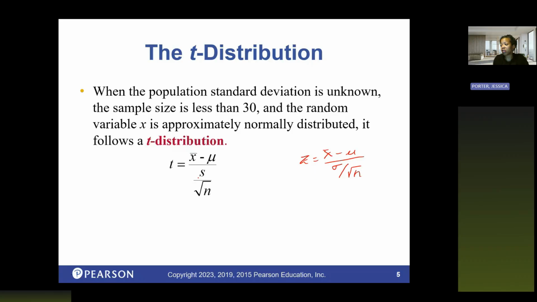This time, instead of using the population standard deviation, we're going to use the sample standard deviation. That's the difference between the t and the z, and there's also another subtle difference that we'll get into in a second. Critical values of t are denoted by t with the subscript of c.